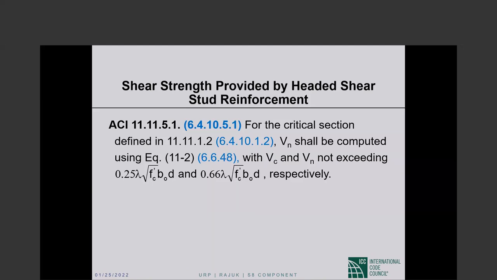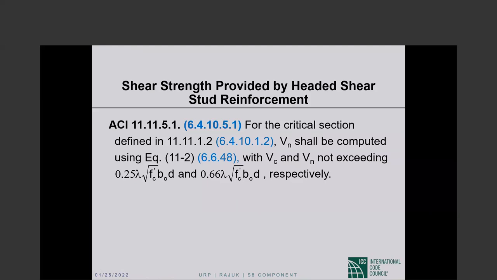When we use headed stud reinforcement, concrete is good for 3 square root of f'c, 0.25 in your units, and the total now is up to 8 square root of f'c. So the maximum shear that we can carry goes up from 6 to 8 square root of f'c, from 0.5 to 0.66 square root of f'c.